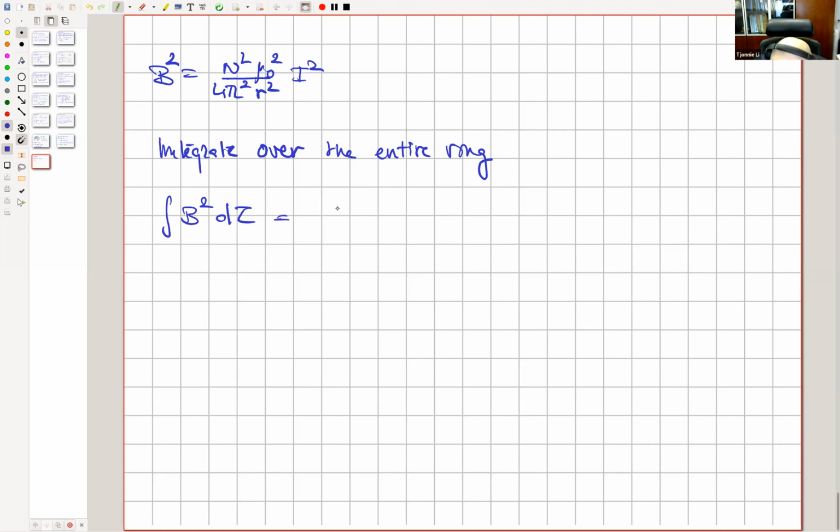What do I have? I have n squared mu naught squared over 4 pi squared I squared, and then basically the integral over phi from 0 to 2 pi, and then the integral from big R to R plus W. The H I take out as well.